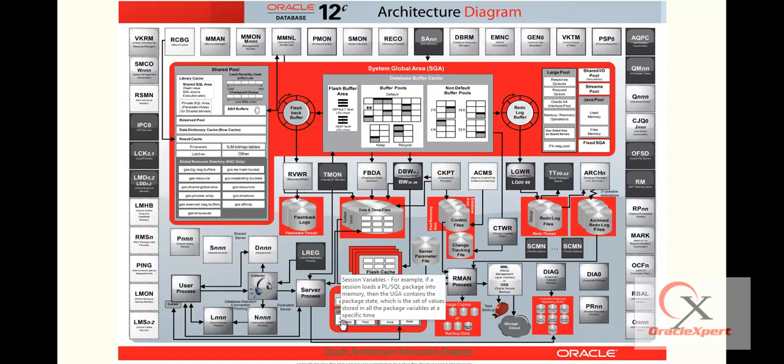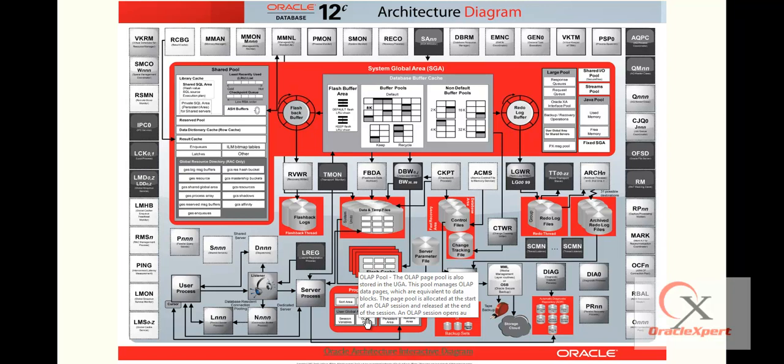Similarly, a hash join operator uses a hash area to build a hash table from its left input, whereas the bitmap merge operation uses the bitmap merge area to merge data retrieved from scans of multiple bitmap indexes.